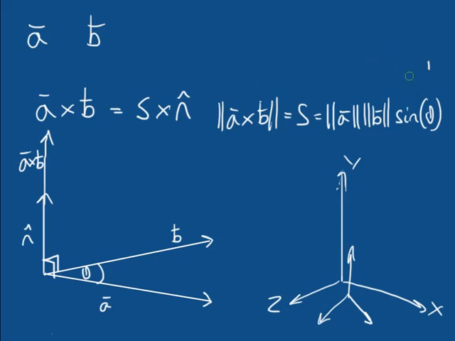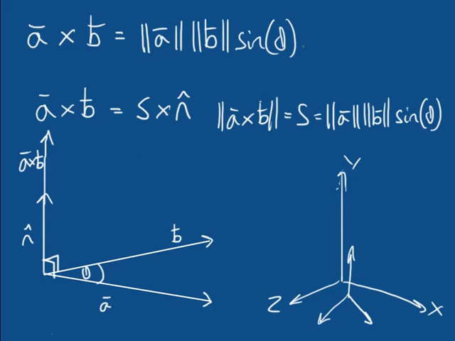There we go. We could actually rewrite our cross product equation as A cross B is equal to the length of A multiplied by the length of B multiplied by the sine of the angle between those two vectors multiplied by our unit vector n that is mutually perpendicular to both vector A and vector B. So this is our first definition of the cross product.